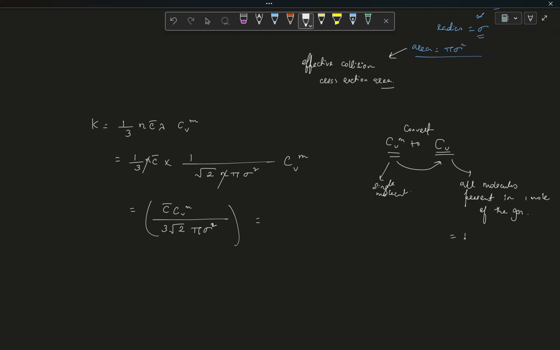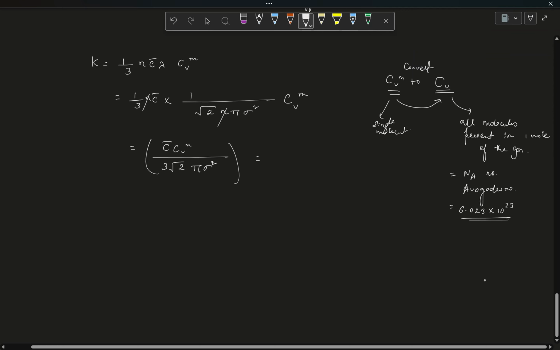And you know the answer, that it is exactly the Avogadro number, which is 6.023 into 10 to the power 23. This is also a universally known constant. So this many molecules, all of them combined, have a specific heat of CV. So to go from CVM to CV, the calculation is simple: from a single molecule to this amount of molecules, you just multiply by Na.